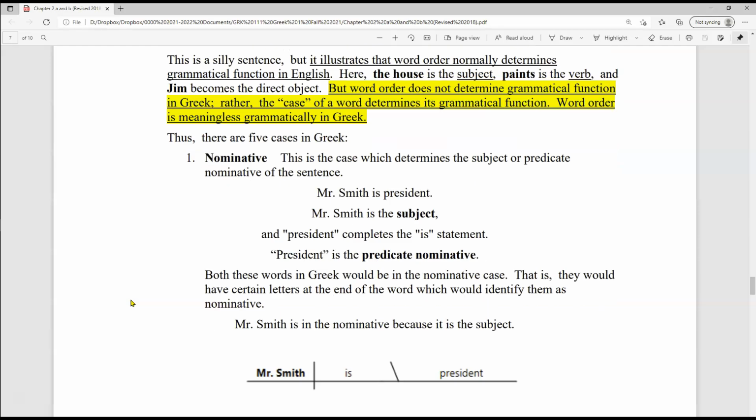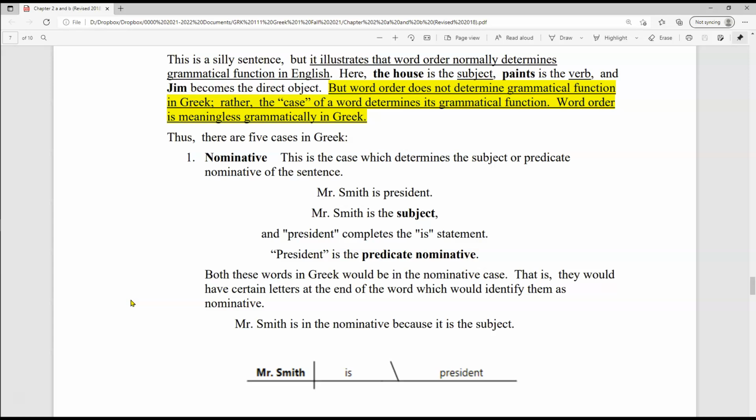All right? When you have the nominative, if you have the sentence, Mr. Smith is president, Mr. Smith is the subject, "is" is your linking verb. Think of it as a grammatical equal sign. President points back to Mr. Smith, and you can think of this line pointing back. Both of these have to be in the nominative case in English.